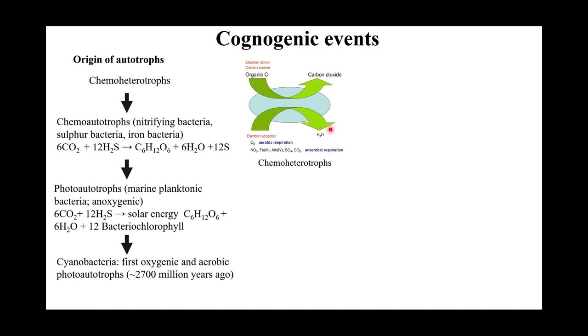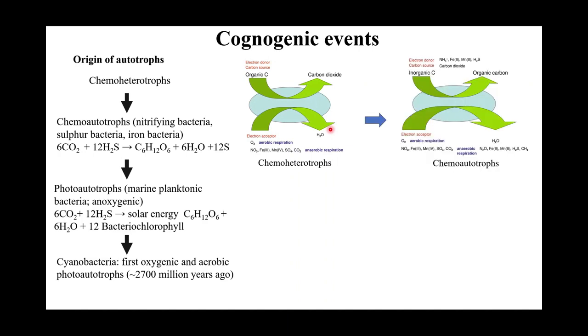But these chemoheterotrophs, they then evolved to form the chemoautotrophs, which are the nitrifying bacteria, where they started using different sources of electrons, like different electron donors. They started switching from organic compound to inorganic carbon compound. So from the carbon oxide, they have started producing organic compounds.